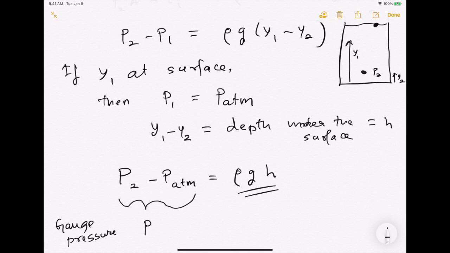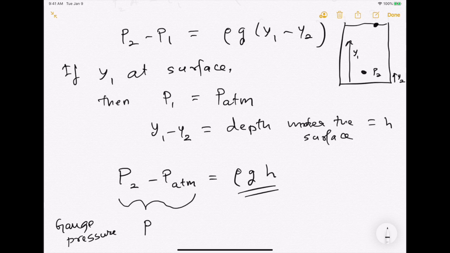So it makes sense to define a new pressure as the actual pressure minus the atmospheric pressure, and that is called gauge pressure. And gauge pressure is a good name because that is exactly what a pressure gauge measures. A pressure gauge will show you zero if the pressure is atmospheric, but the pressure that it indicates is just the difference between the atmospheric pressure and the actual pressure.